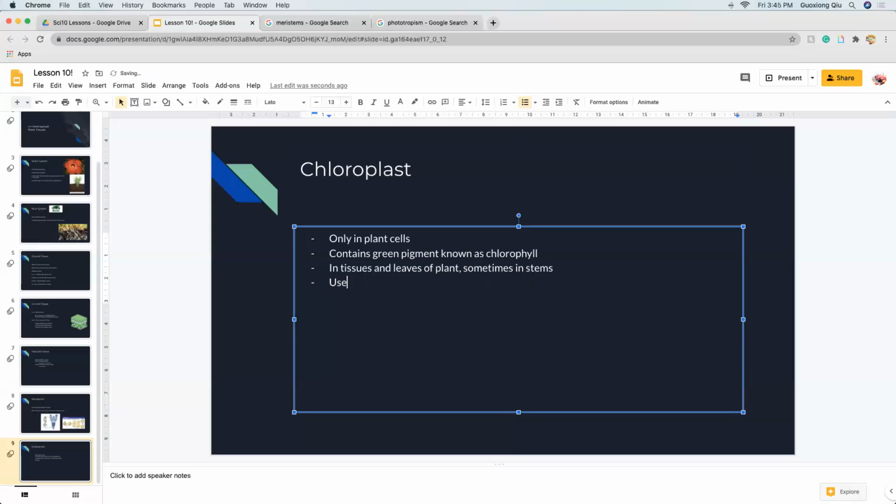This isn't 100% correct, but you're in Science 10. You don't need to know the exact process yet. You will learn it in Bio 20. It takes a while to understand. Honestly, it's a long process. Photosynthesis is genuinely a long process once you learn the in-depth parts of it.